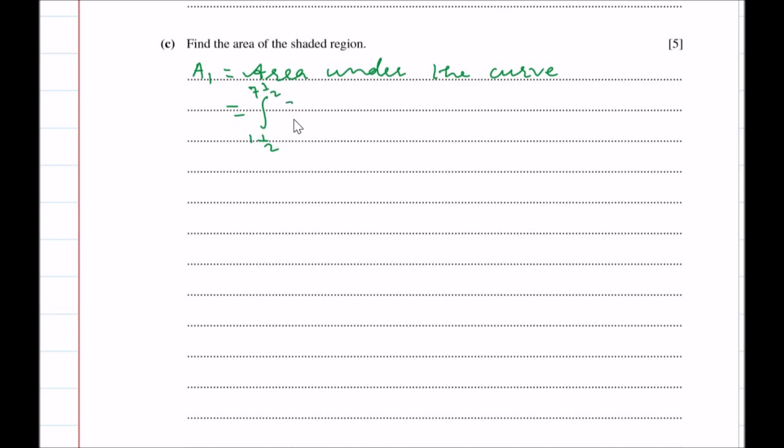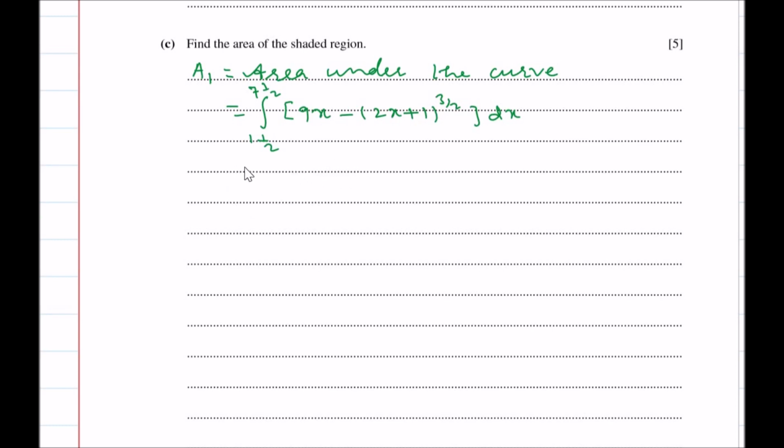We have 9x minus 2x plus 1 to the power 3 by 2. Here we need to write a dx because we are going to integrate this.